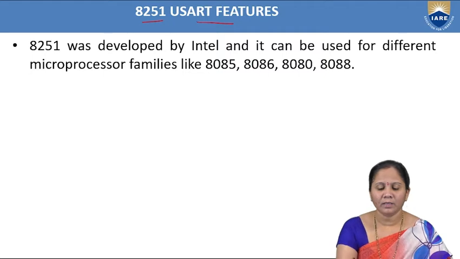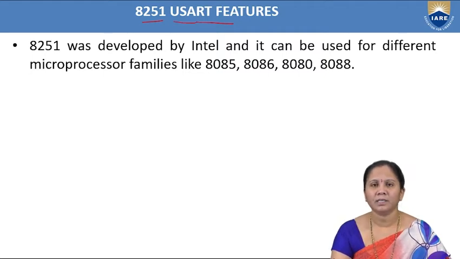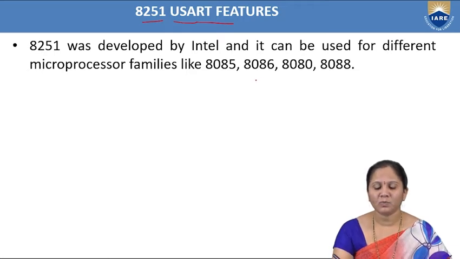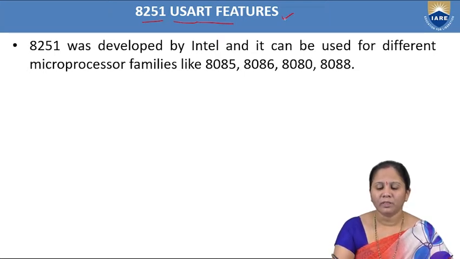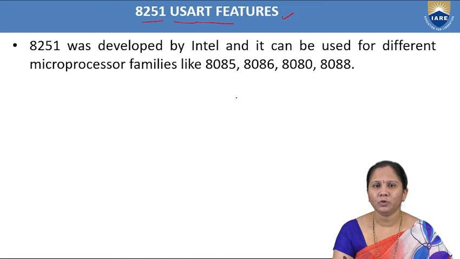USART stands for Universal Synchronous Asynchronous Receiver Transmitter. It is one of the ICs which converts serial data into parallel data and parallel data to serial data. First we will discuss the different features of this 8251 USART.